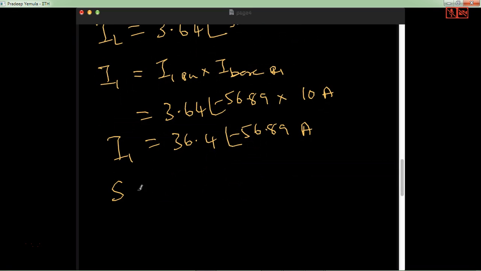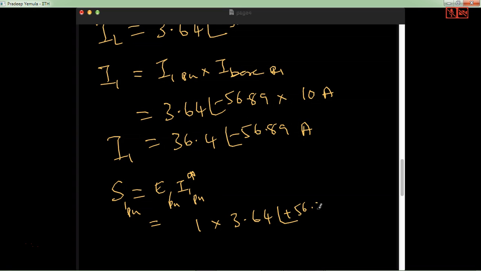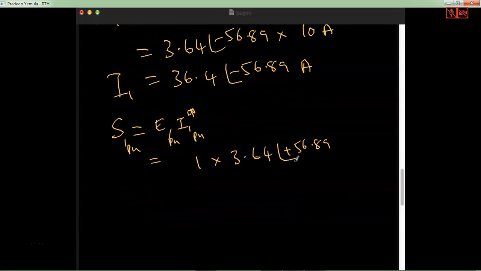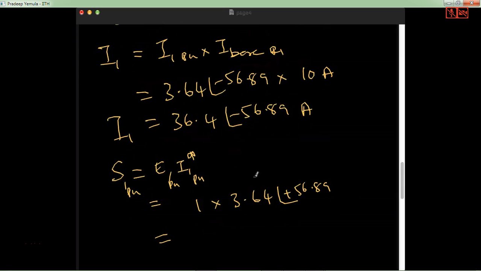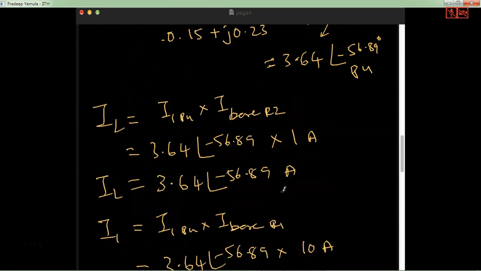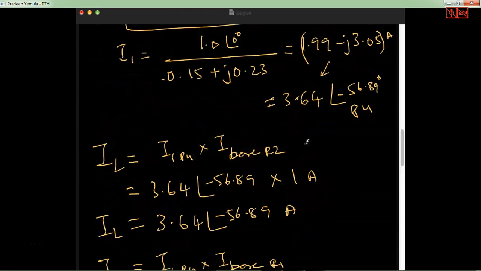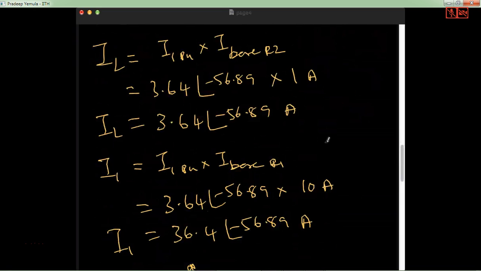So what is the S? S1 is nothing but E1 into I1 star. So I can do it in per unit. E1 per unit is 1, and then I1 per unit is 3.64, and because it is star, I put the plus 56.89. I also have the complex number for this, that is 1.99 plus J3.05 per unit.